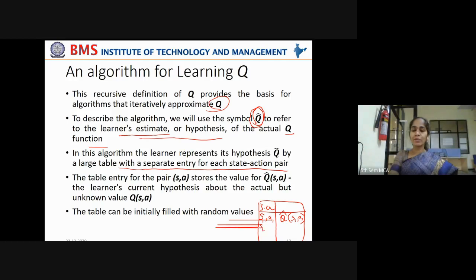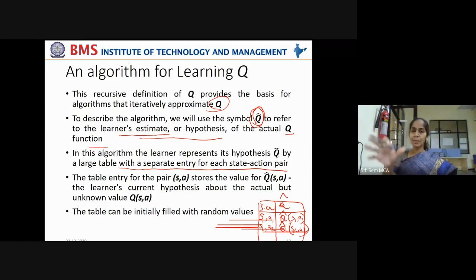Now from state S2, by taking action A2, what would be the cumulative reward value? The estimated cumulative reward value can be represented as Q cap S2 A2 and so on. So this Q cap will give the estimation of the rewards that can be accumulated by starting from state 1, from state 2, from state 3 and so on.